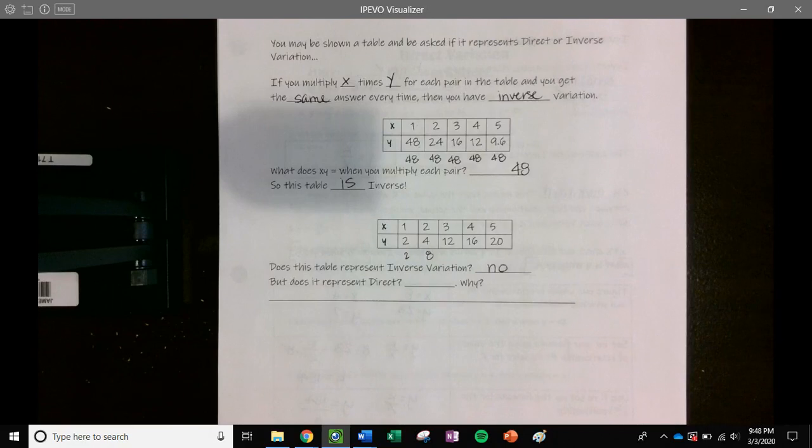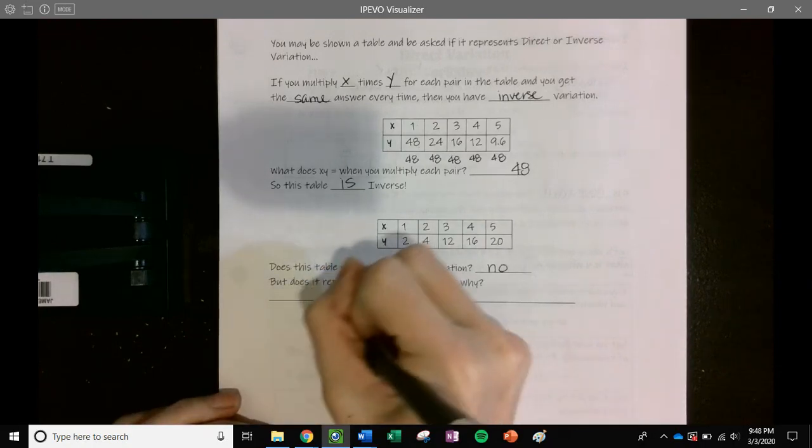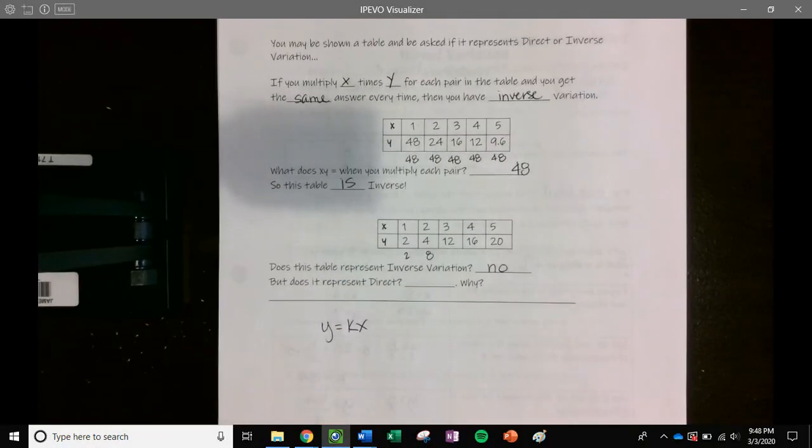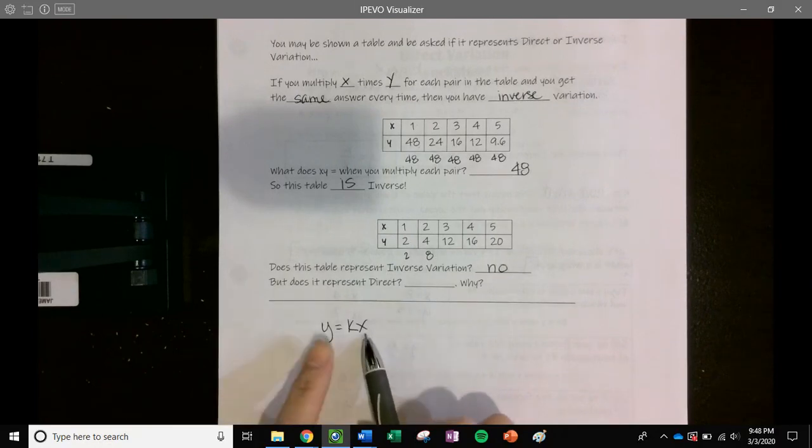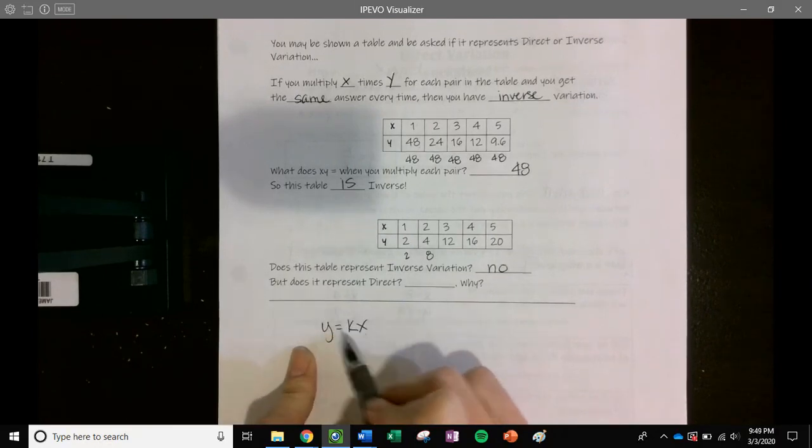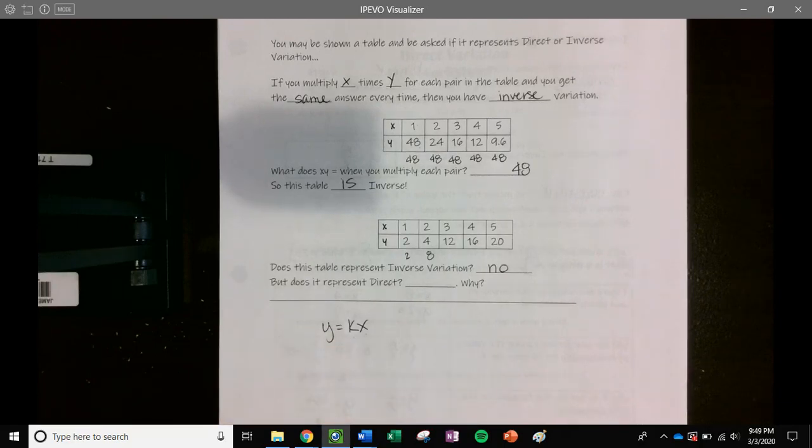How can we test to see if there is a proportional change? Well, what's the thing that we know has to remain the same between each of these relationships? Remember, now we're testing for direct. So our direct formula is y equals k times x. So we should be able to figure out a way to know what k is.